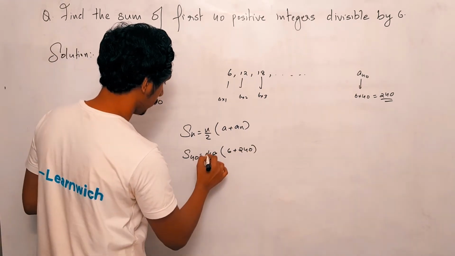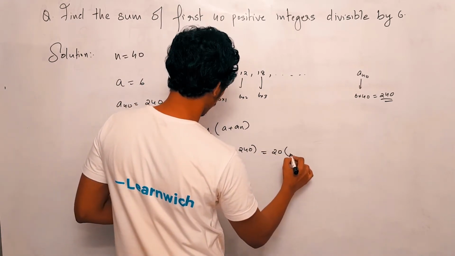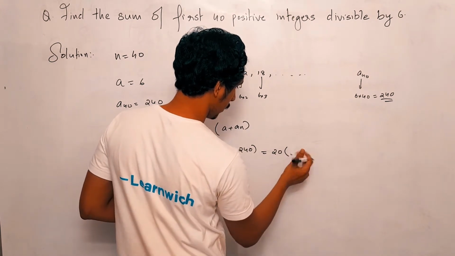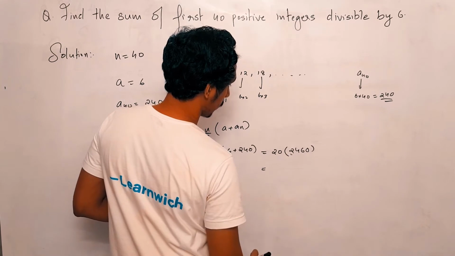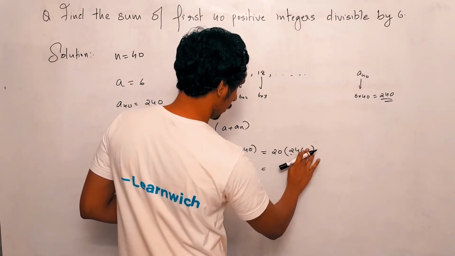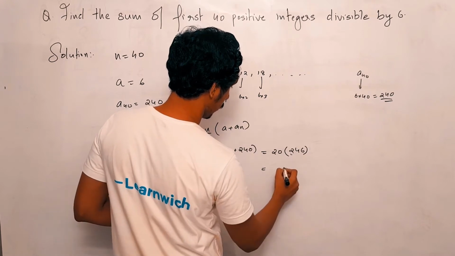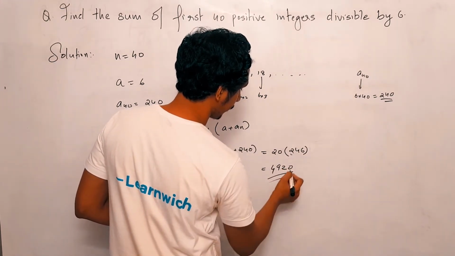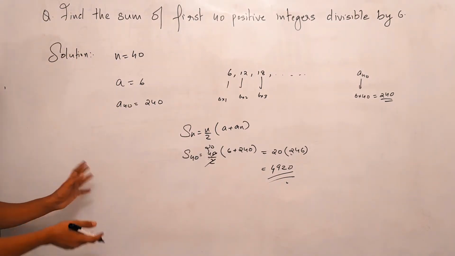So this will be 20 into 246. That will be 12940. That's your answer. It was a very simple question.